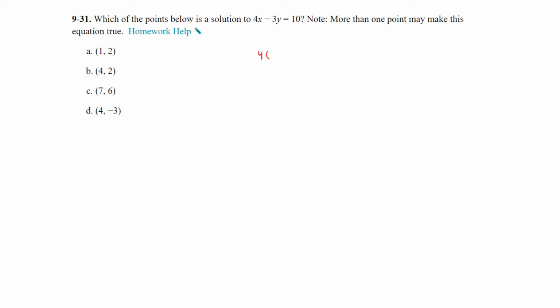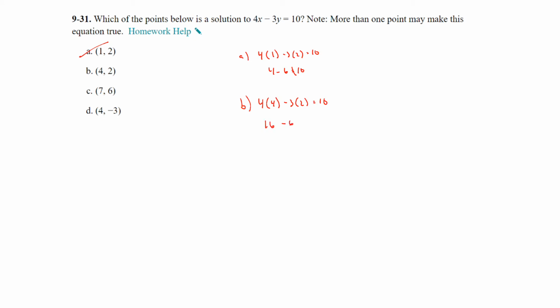So we'll say 4 times, and this will be for part A, 4 times 1 minus 3 times 2, is that equal to 10? Well, 4 minus 6 does not equal 10, so that one is out. On B, we have (4, 2), so this would be 4 times 4 minus 3 times 2, is that equal to 10?